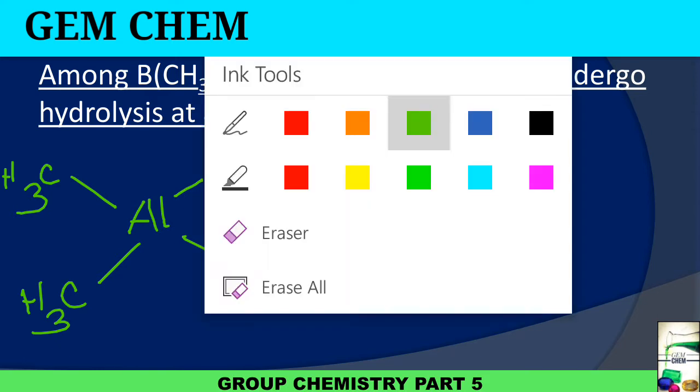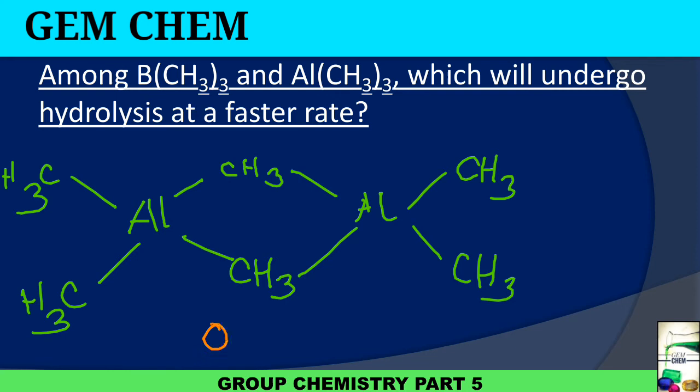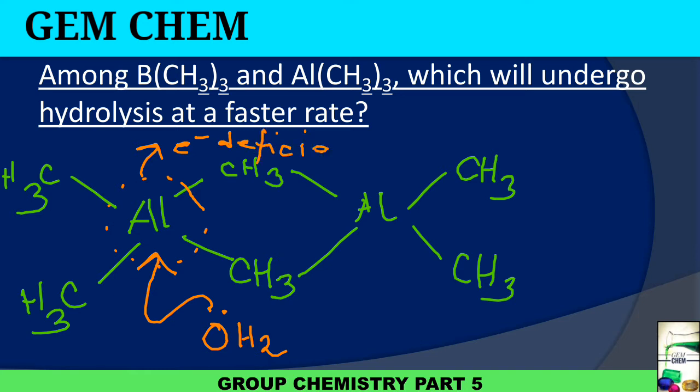So if we try to hydrolyze, what will come first? The water molecule will come first, and this water molecule is a good lone pair donor. This aluminium always stays electron deficient however much bonding it has, though there is dimer formation. So whenever water comes, aluminium can easily accept its lone pairs. And since aluminium has a larger size, it can expand its coordination number very easily during transition state formation.